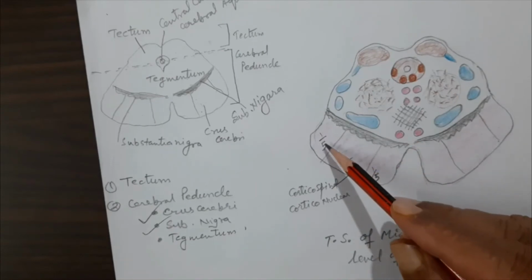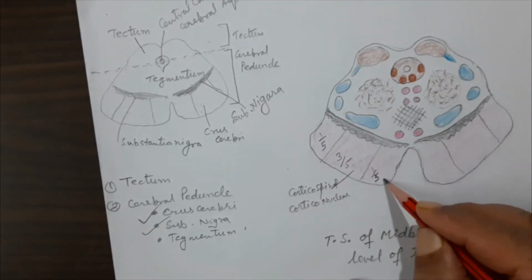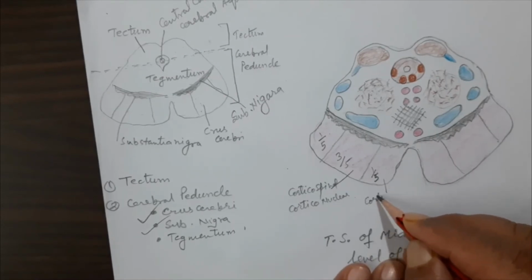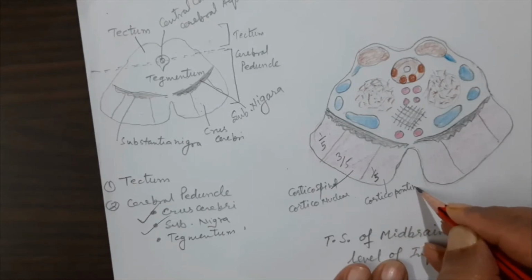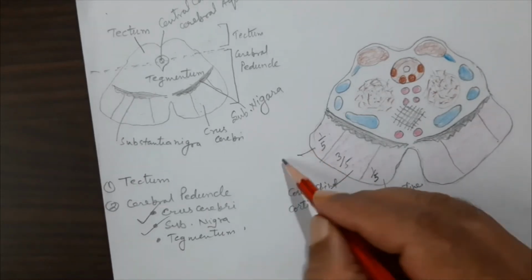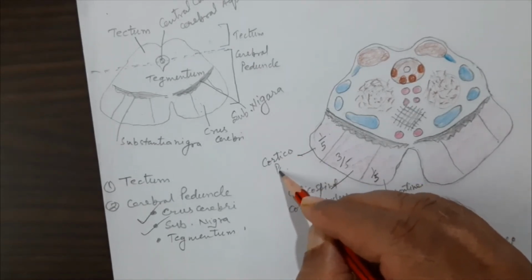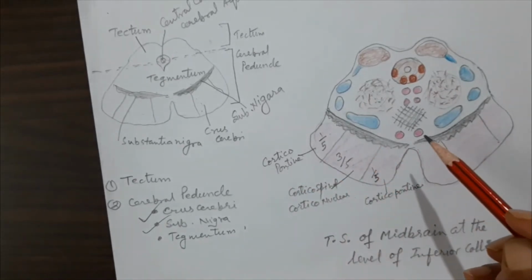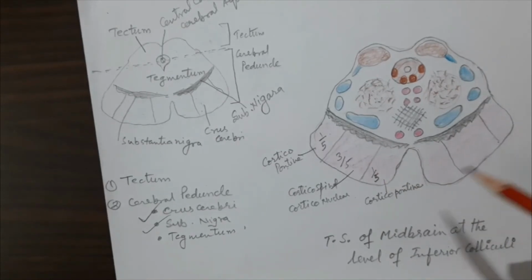While these fibers, which are laterally and medially placed, consist of corticopontine fibers, both on the right side as well as the left side. These are also corticopontine fibers, and they will ultimately form the tract which I said will be called the corticopontocerebellar pathway.